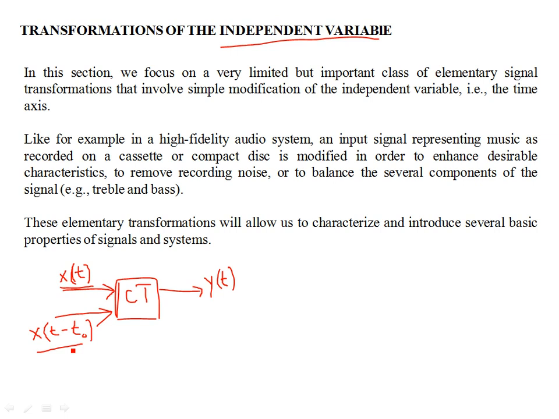The time axis is not completely modified. The modification is just that, for example, if x of t was something like this, or if x of t is your piece of music or a recorded data on the time axis, and these are the amplitudes, and this is x of t, then whatever is the reference, let's say this is your reference where it starts, then t minus t naught, if t naught is a positive quantity, simply shifts.